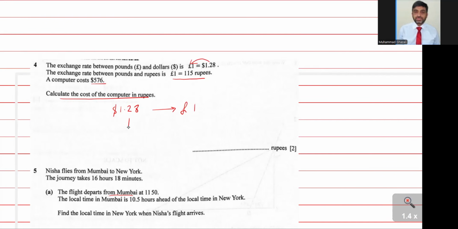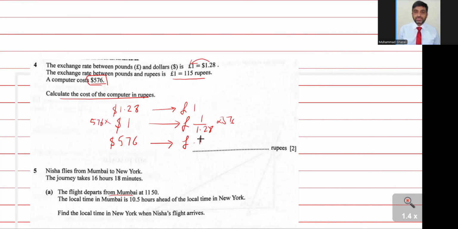And we will convert $576 into pounds. For this, we will calculate the value of $1 in pounds. This will be equal to 1 over 1.28. And next, for $576, we will multiply this value by 576 on the left side and the right side.